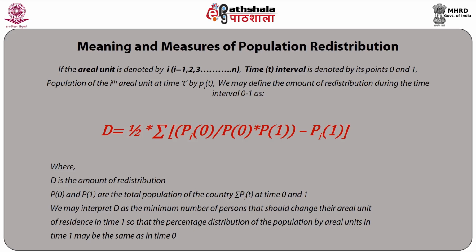We may interpret D as the minimum number of persons that should change their areal unit of residence in time 1, so that the percentage distribution of the population by areal units in time 1 may be the same as in time 0.